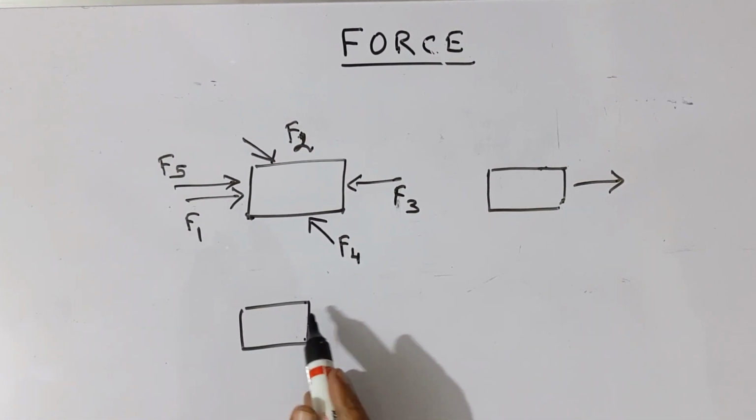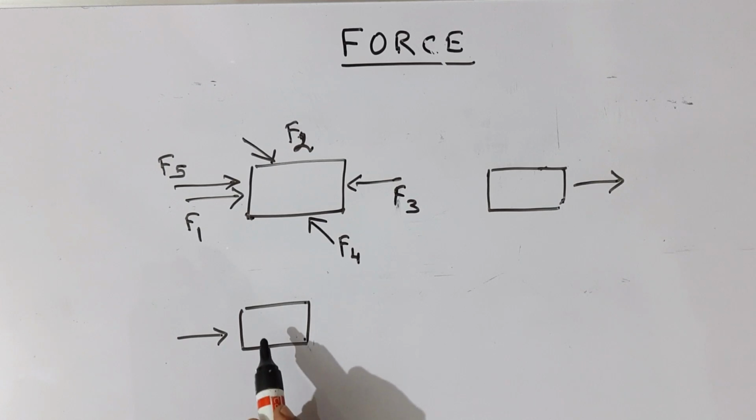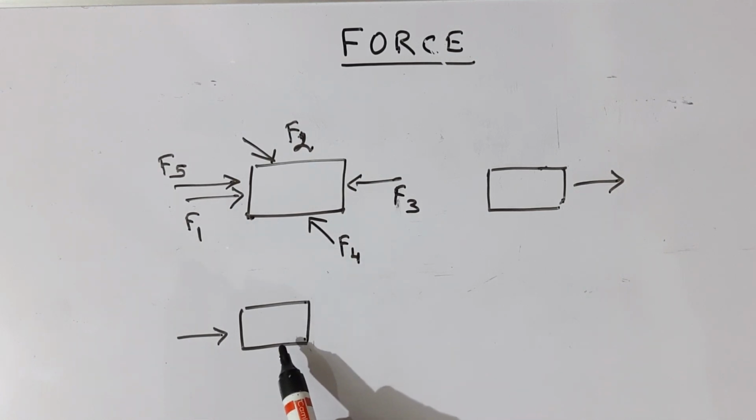Now let us take another case when there is a single force acting on the same object. Sorry, this does not look as the same object, but suppose this is the same object.